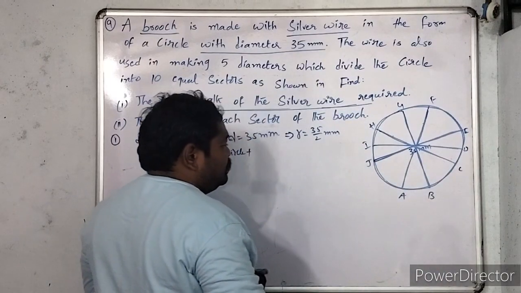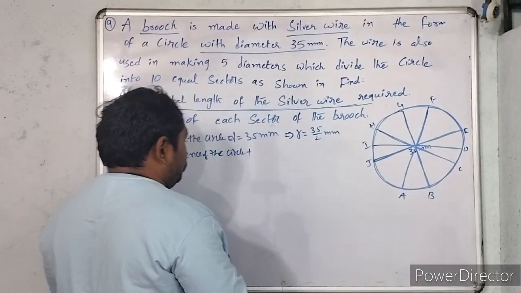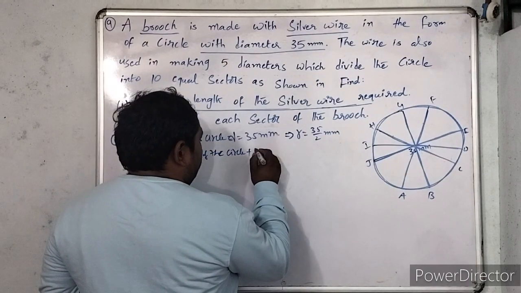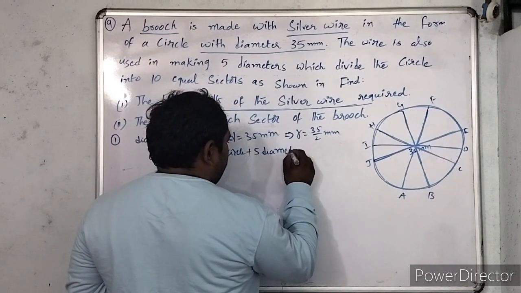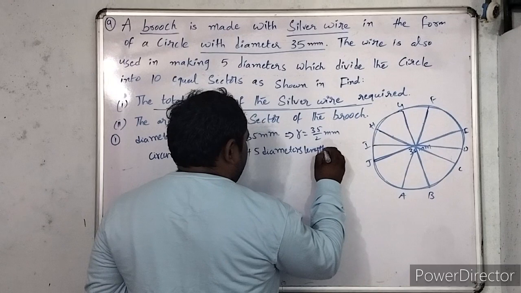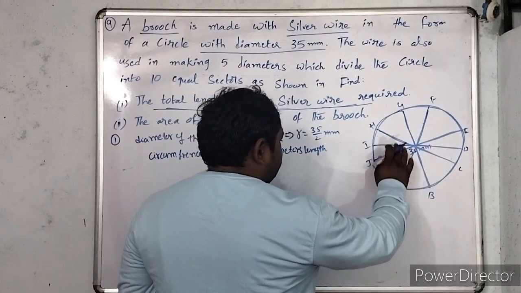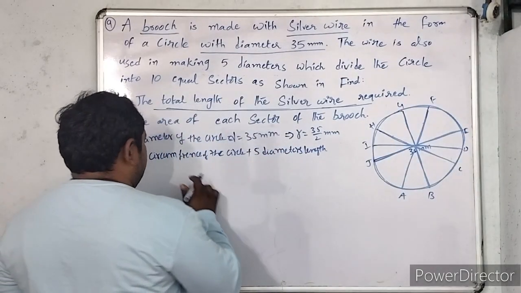The silver wire is used for these 5 diameters as well. Therefore, the total consists of the silver wire in the circumference as well as the total length of 5 diameters.